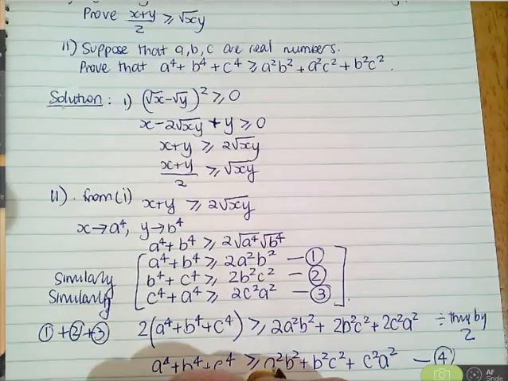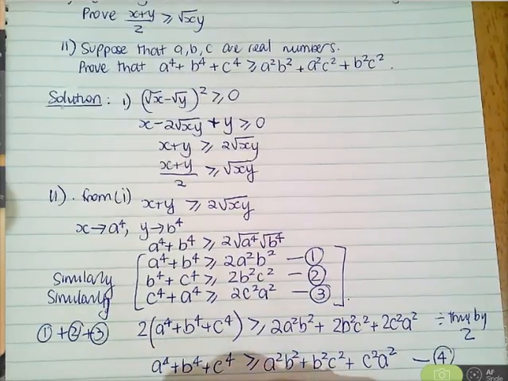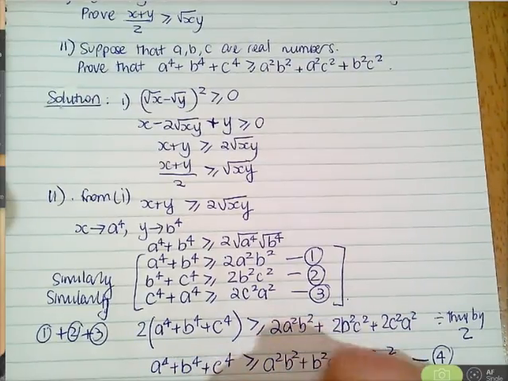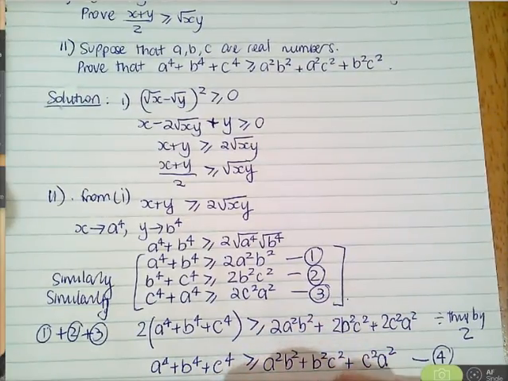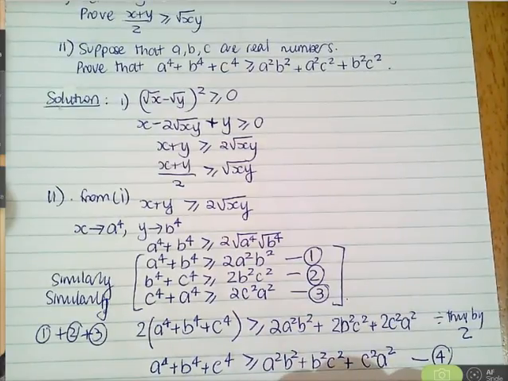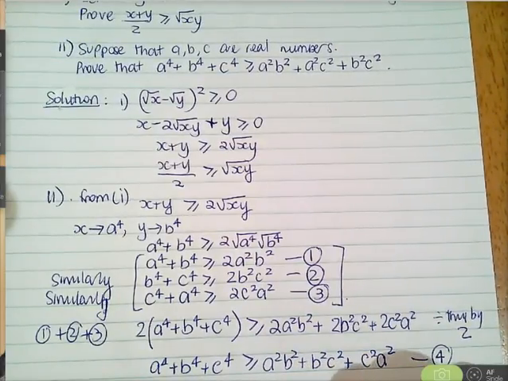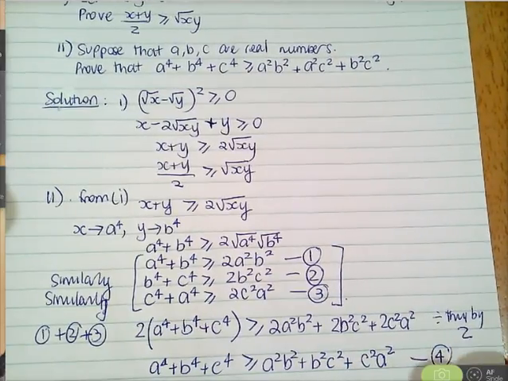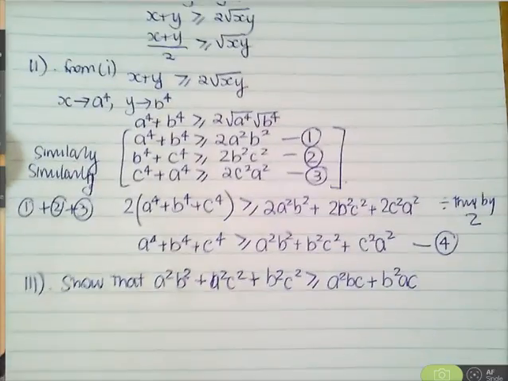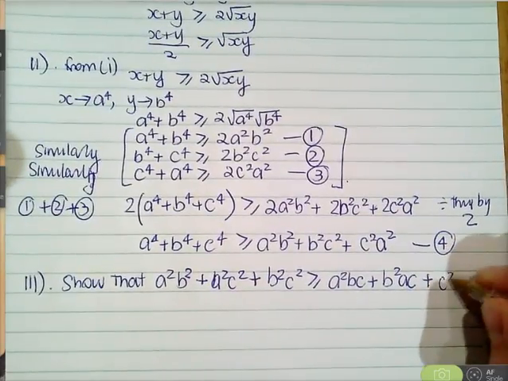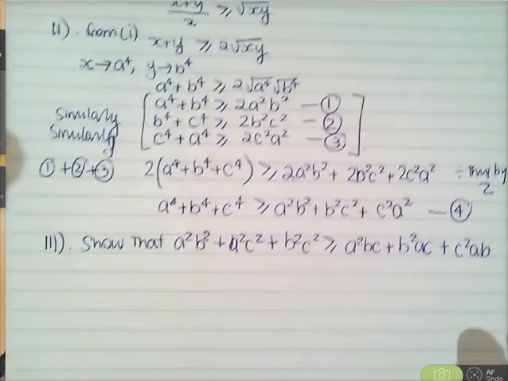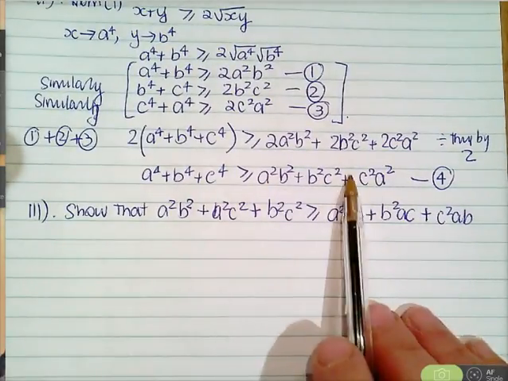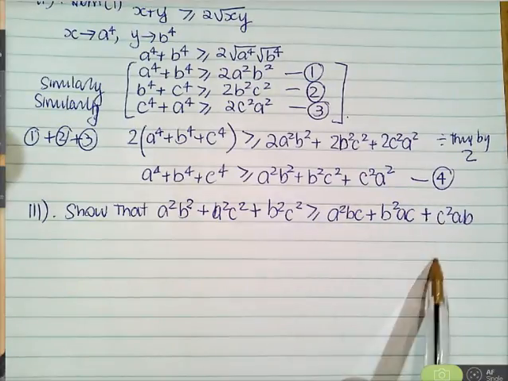The question is to show that a squared b squared plus a squared c squared plus b squared c squared is greater than or equal to a squared bc plus b squared ac, whoops, sorry, just ran off the screen there, plus c squared ab. So that's part 3 of the question, to show that this bit here is greater than or equal to what I've just written there.